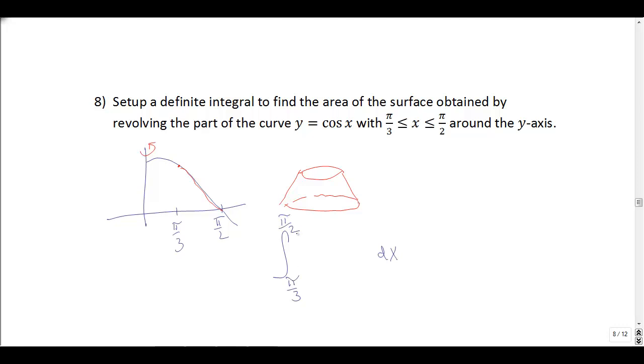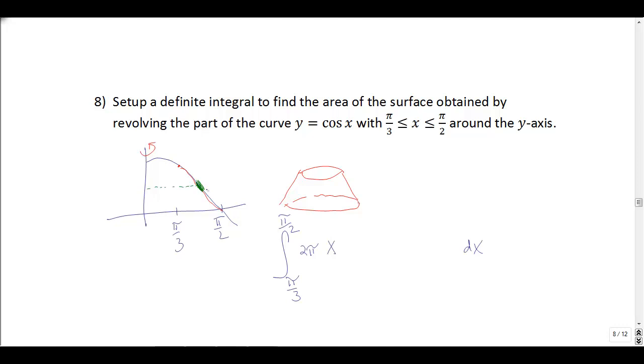And then when I do the surface area, I get 2 pi times the distance from one of my little line segments. So I'm going to get a little line segment here. And then I think about what happens when I rotate this about the y-axis. Well, it's going to be 2 pi times the radius, that's this distance here. Well, that's just x.